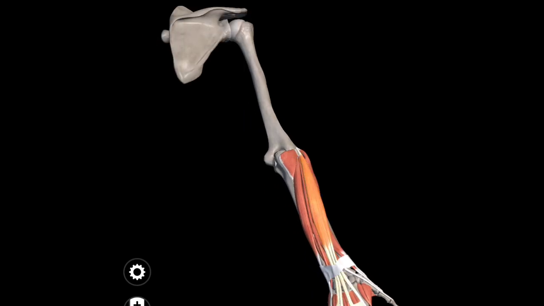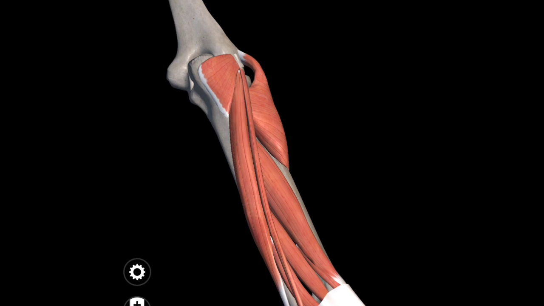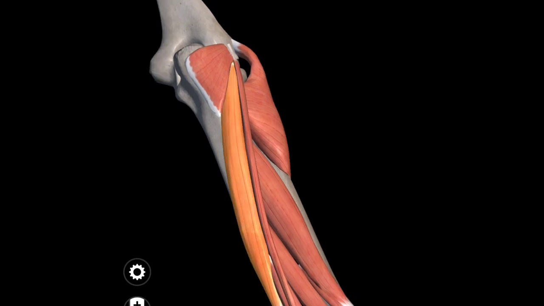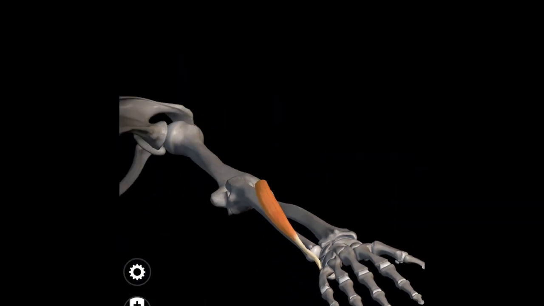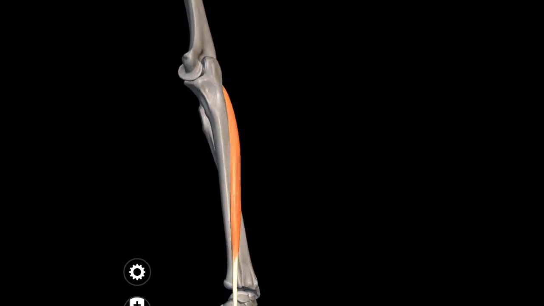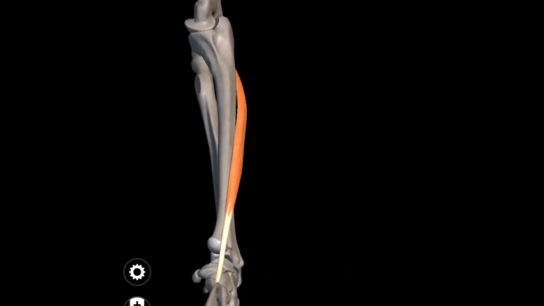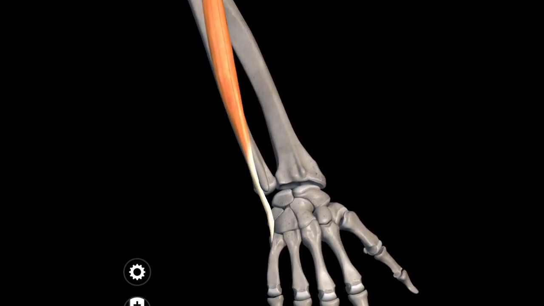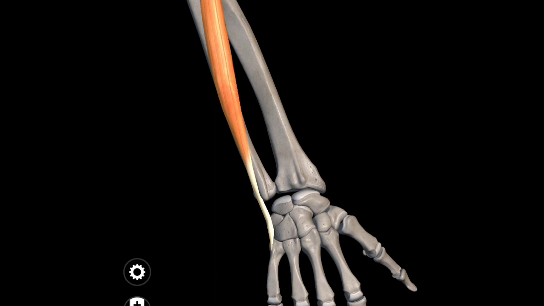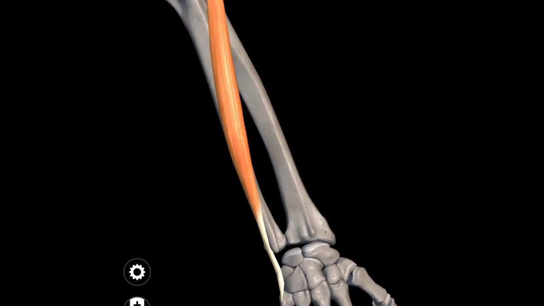This will be hidden, and here you can see the extensor carpi ulnaris and the extensor digiti minimi. Extensor carpi ulnaris. This is an extensor muscle attached to the carpi, and it moves toward the ulnar side.